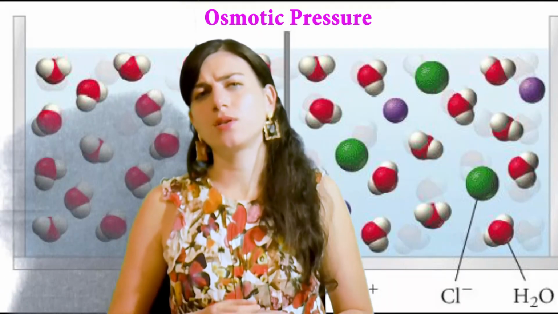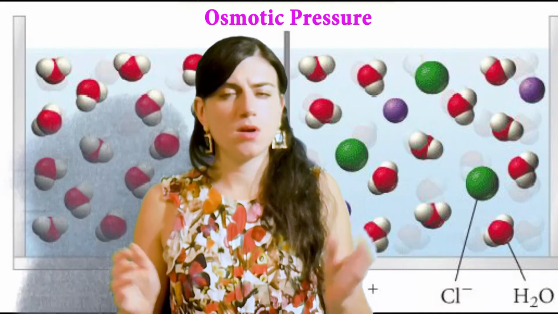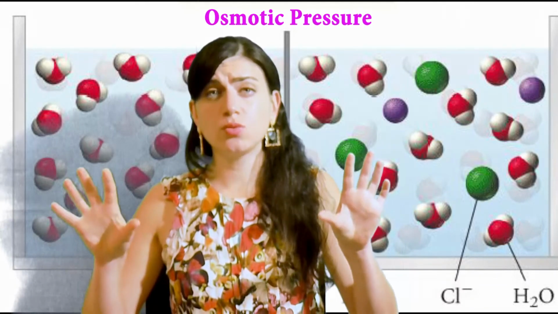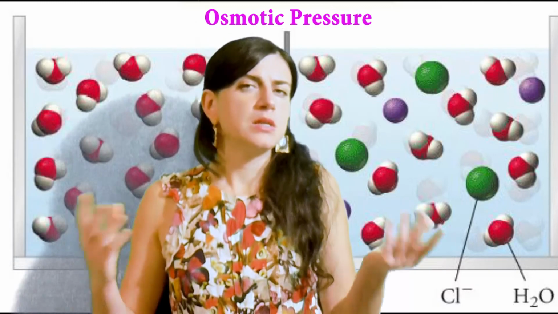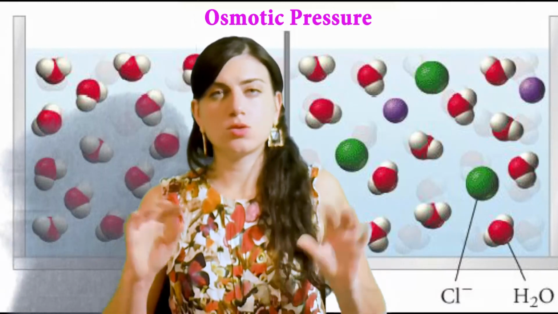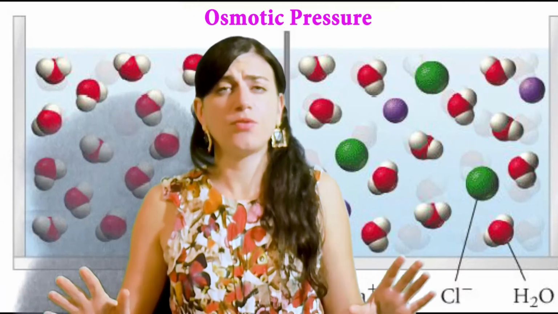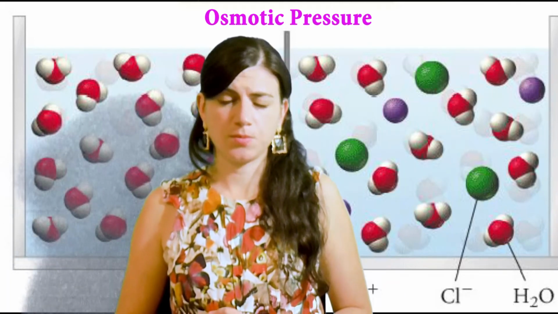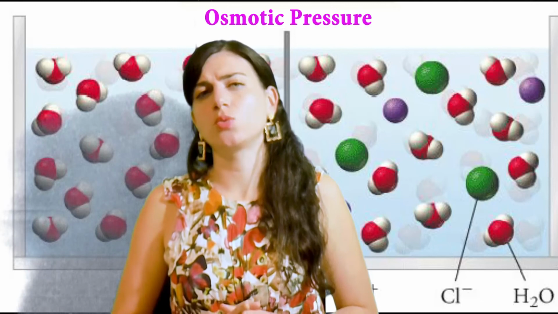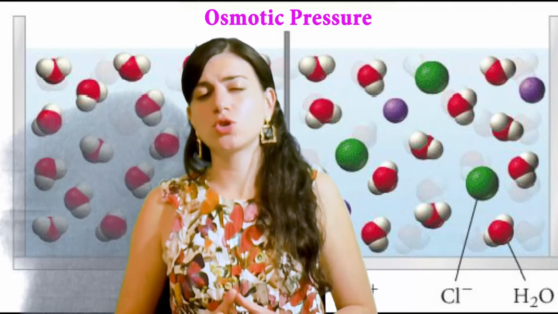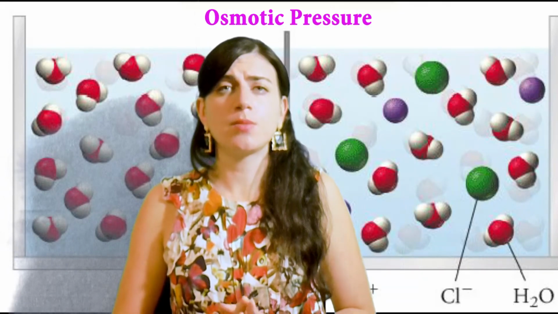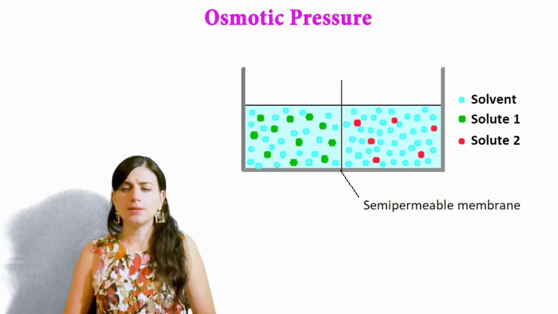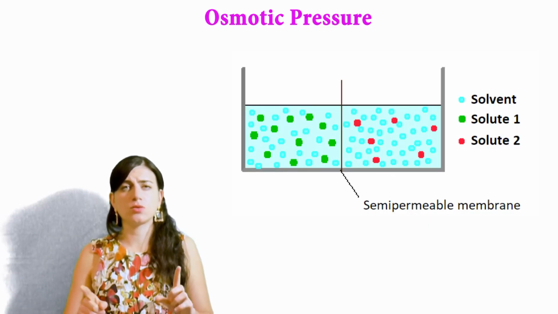Now, what happens if instead of solvent and solution we have two different solutions? The solutes in these two solutions can even be different. The only thing is that the solvent should be the same. So what happens in this situation where we have two solutions separated by the semi-permeable membrane, and these two solutions have different concentrations?